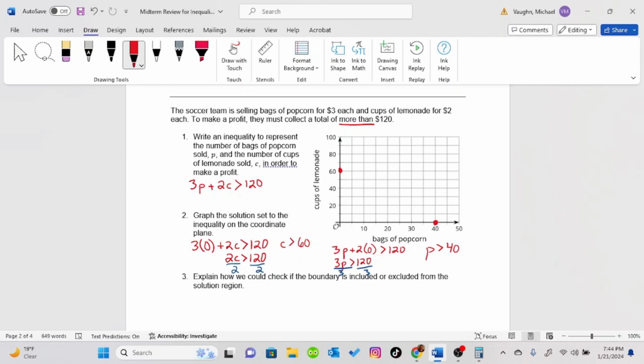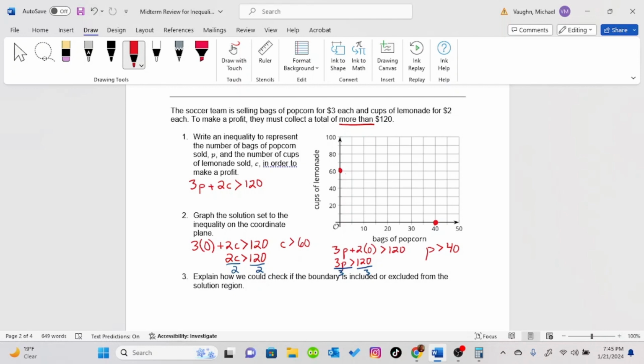But this goes into number 3. Explain how we could check if the boundary is included or excluded. We only care about having more than 120. So when we get our intercepts, what we're saying is our cups of lemonade must be more or greater than 60, not that they must be 60. And when we look at our bags of popcorn, we say that it must be greater than 40 bags of popcorn, not or equal to.